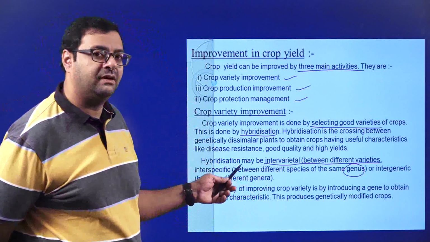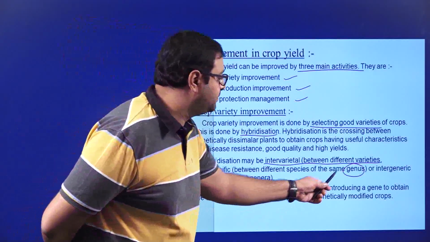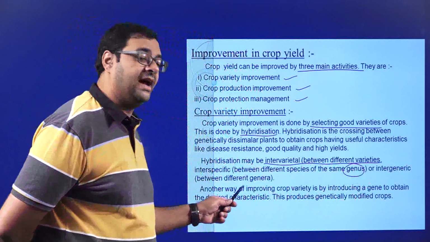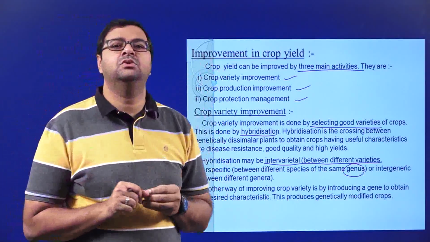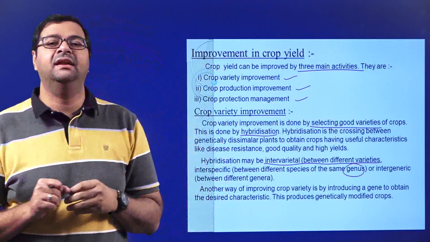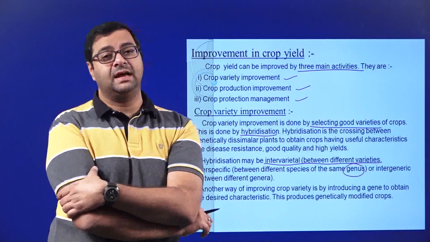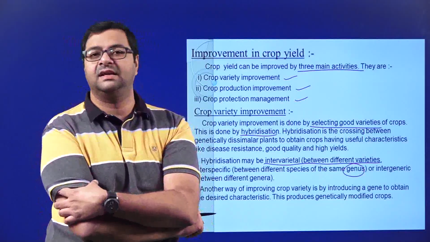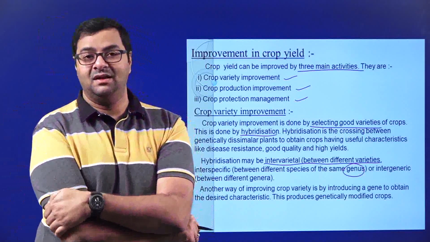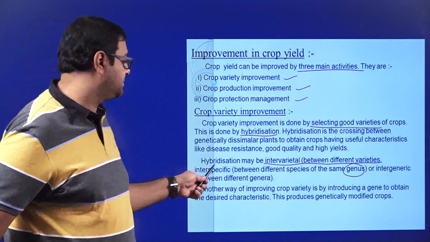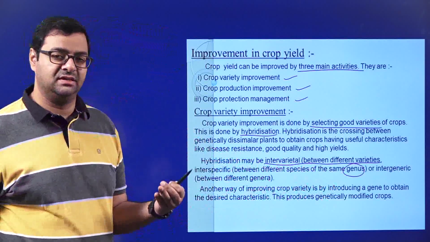I hope that you have understood this. Moving on, another way of improving crop variety is by introducing a gene to obtain a desired characteristic. For example, you have seen capsicum. Generally people have seen green capsicum. From my young age I have seen green capsicum, but these days you have seen yellow capsicum and red capsicum as well. That is interspecific: the genus is the same, but they have made some small changes in the gene.